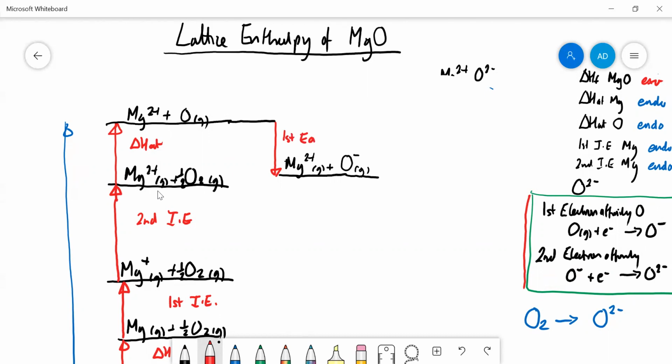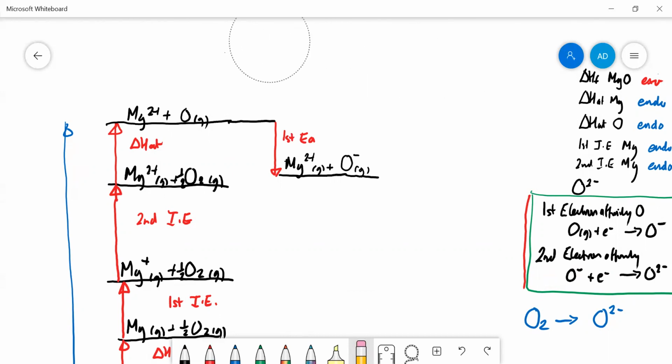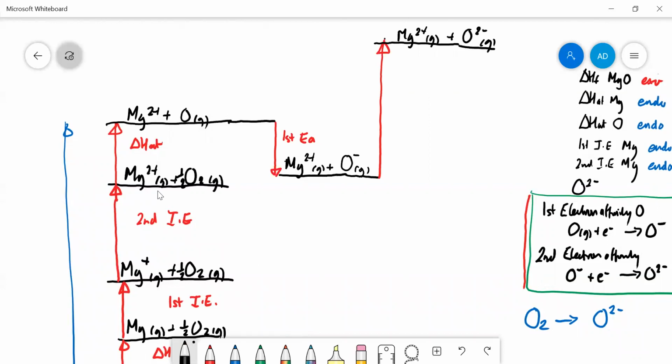And that's why I'm glad I've left room. I've got to go up because the second one is endothermic, so that's going to go up. And here we have Mg2+ gas, that's what we've been aiming for, and O2- gas.